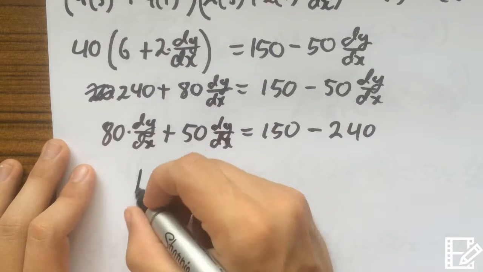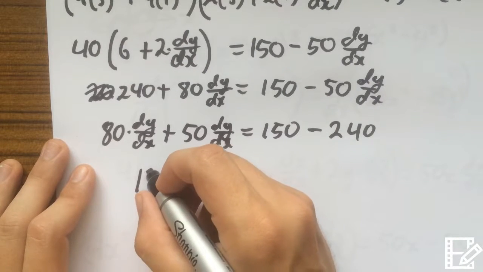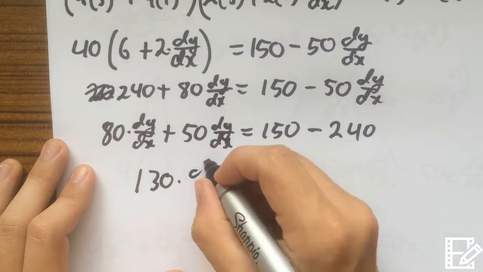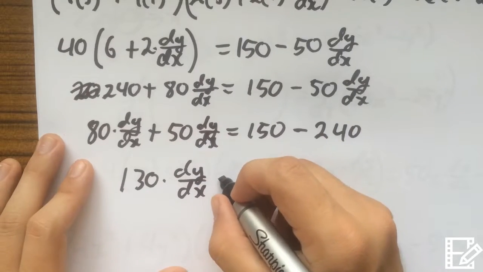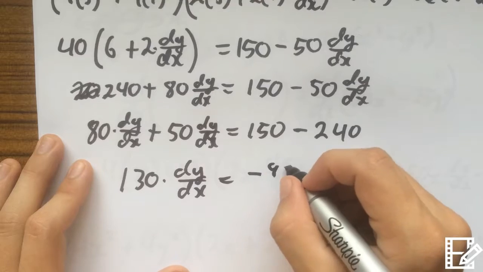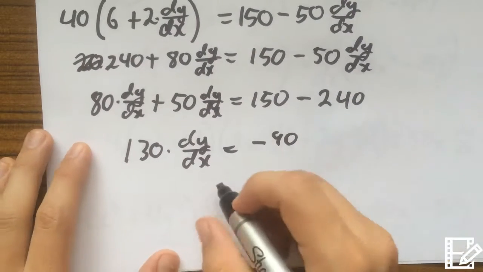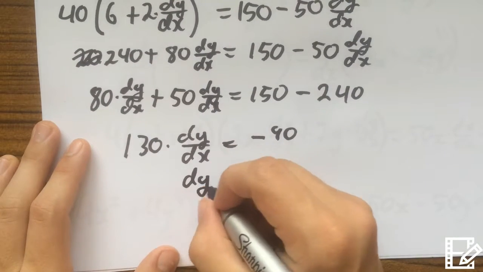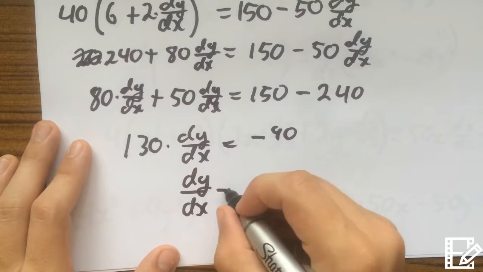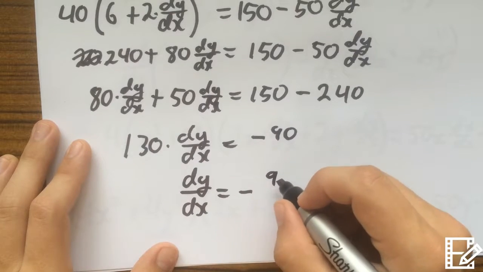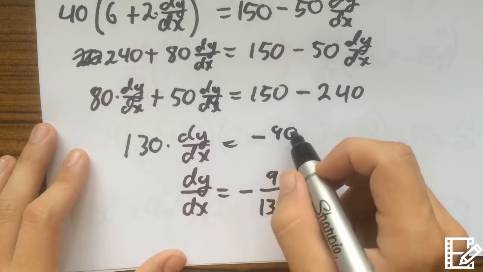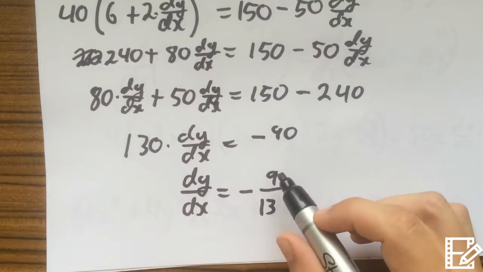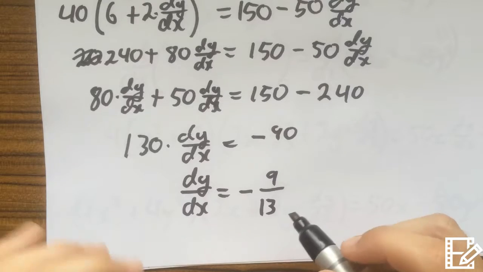What we're going to get is 130 of dy/dx equals negative 90, which in turn we're just going to write as a neat fraction of negative 9 over 13, because negative 90 over 130 is the same as negative 9 over 13.